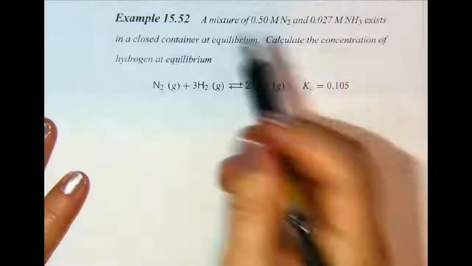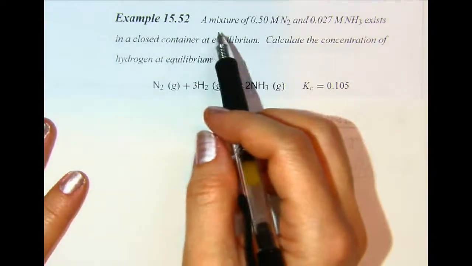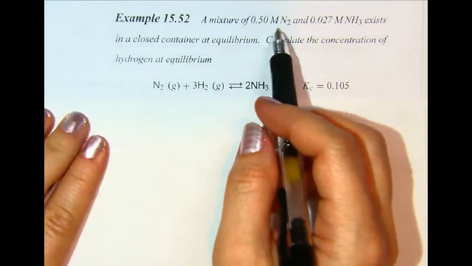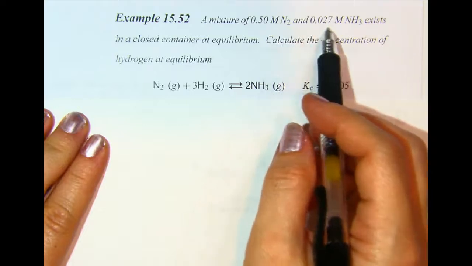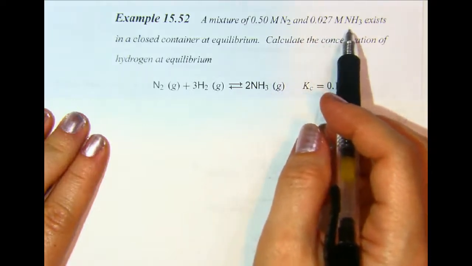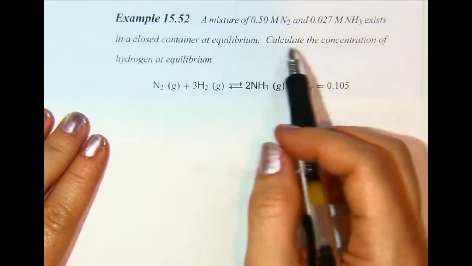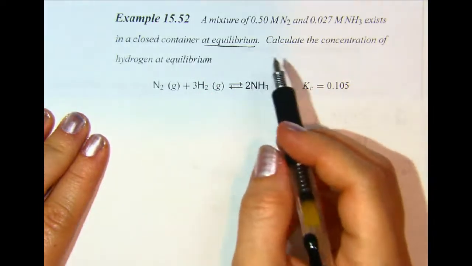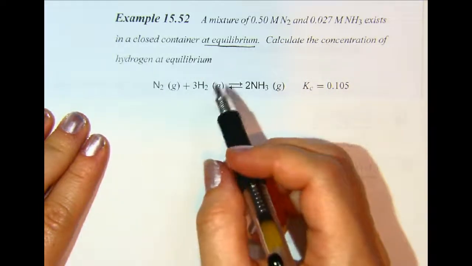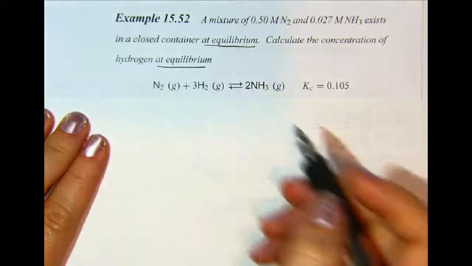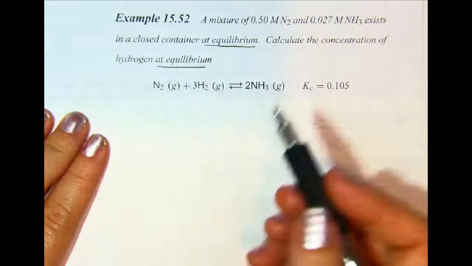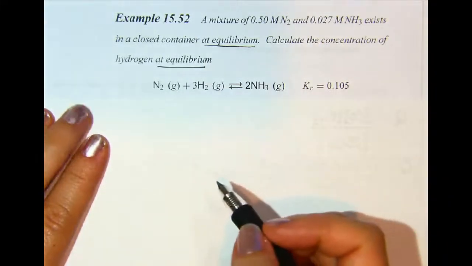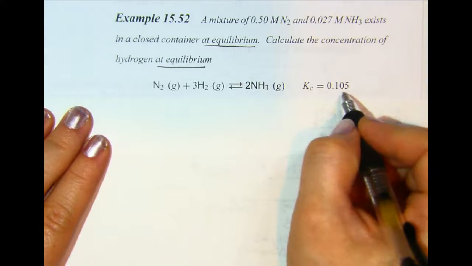So example 15.52: a mixture of 0.50 molar nitrogen and 0.027 molar ammonia exists in a closed container at equilibrium. The fact that it is at equilibrium is a key statement. Calculate the concentration of hydrogen at equilibrium. So the good news is this entire problem is dealing with at equilibrium, and we know the equilibrium constant here.